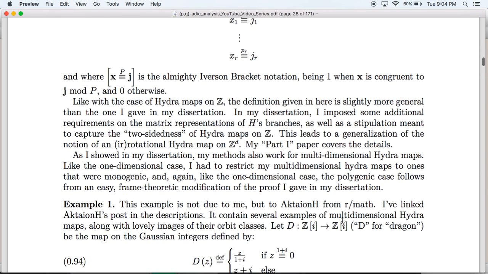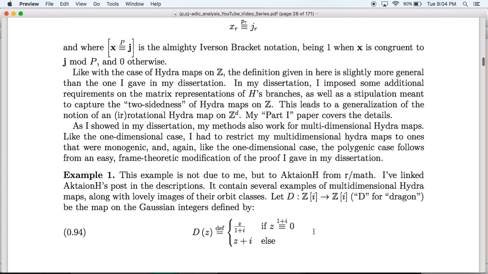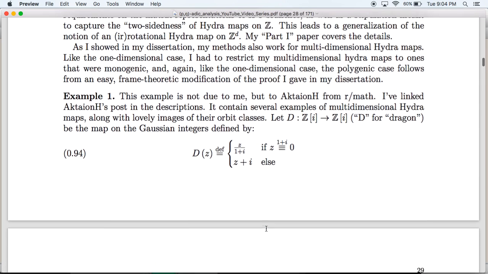So here, let D be the map on the Gaussian integers. It's D for dragon, defined by the following: D of z is z over 1 plus i if z is 0 modulo the ideal generated by 1 plus i, and we add i otherwise.